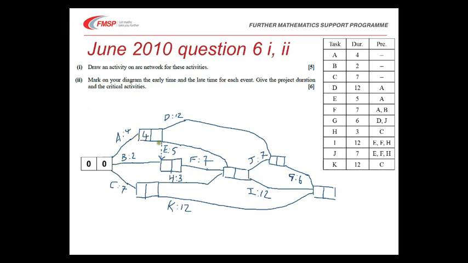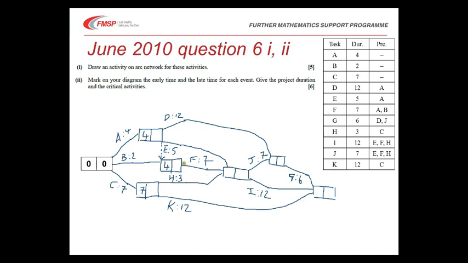The earliest we can get there and have given time for everything to have completed is 4 and 0. Just 2 won't have given time for A to have completed, so the earliest we can get there is 4. The earliest we can get here is 7, because there's only one path into it.